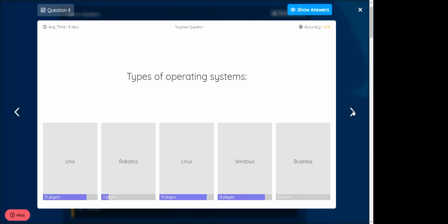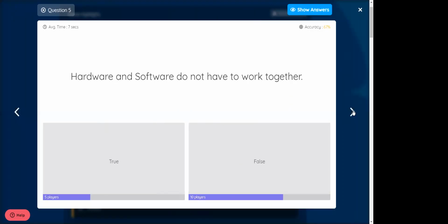Next one. Hardware and software do not have to work together. True or false? False, because hardware and software have to work together. Next: can you touch software? True or false?